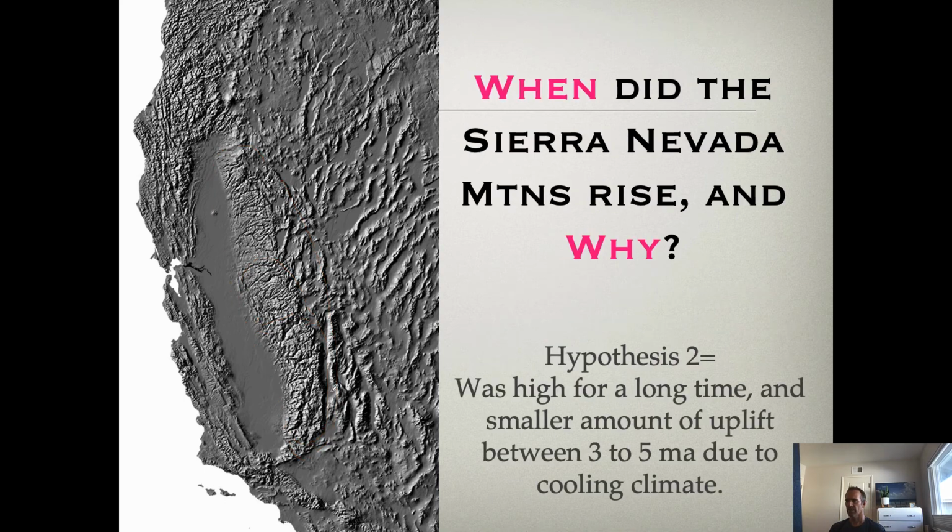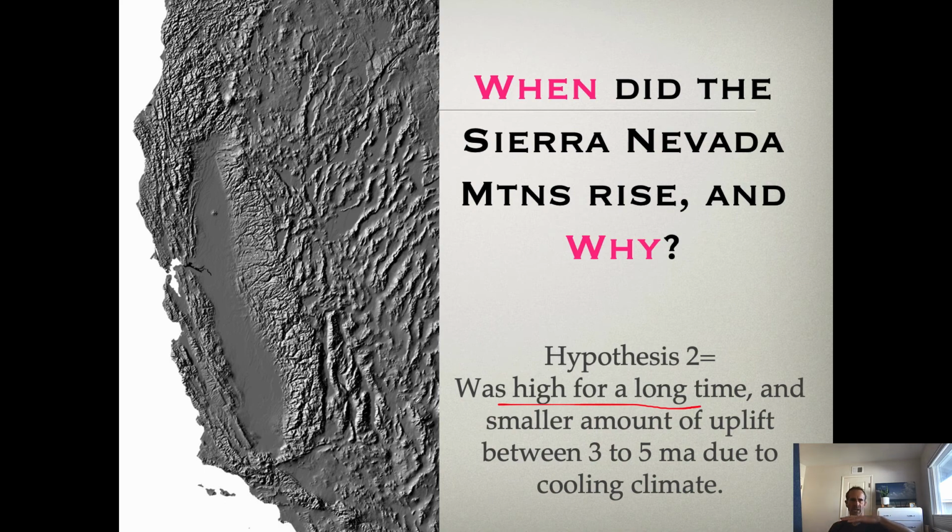Okay. The second hypothesis is that the mountains were actually high for a very long time, maybe for tens of millions of years, and a smaller amount of uplift occurred just between 3 and 5 million years ago due to cooling of the climate. So when I say the mountains were high for a very long time, they were not as high as they are now, but there was a big sort of plateau out here possibly.